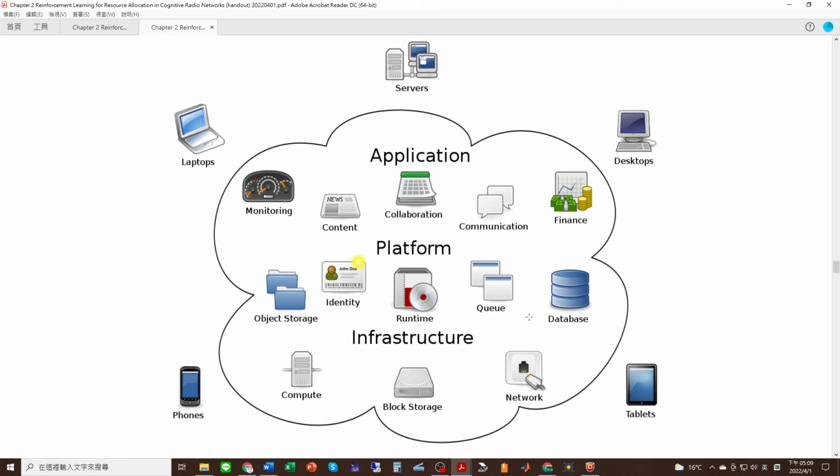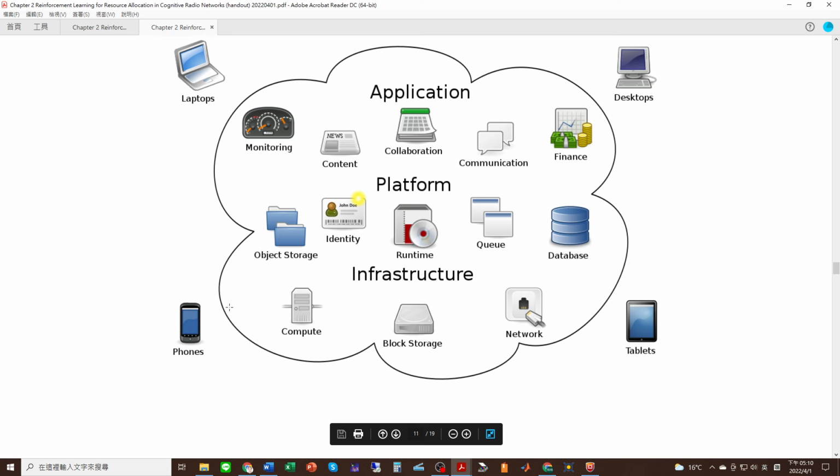Finally, the cloud also includes infrastructure such as compute, or computers, block storage like Google Drive, and network. We can use many kinds of devices to access this cloud, such as laptops, servers, desktops, tablets, and phones.